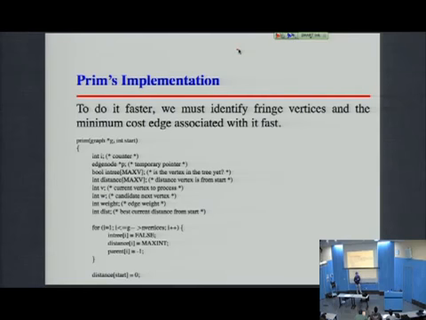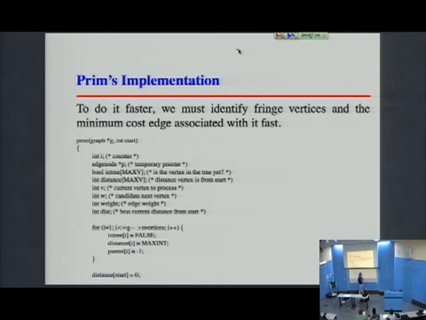For all the vertices in the fringe, Prim's algorithm wants to find the cheapest way to link them to this tree. The next thing we want is the cheapest edge that links a vertex from the fringe to the tree. Any questions about that?